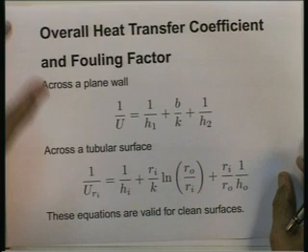This formation of thin layers is called fouling, and we account for it by introducing fouling factors in our expression for the heat transfer coefficient. Next time we will look at that aspect.